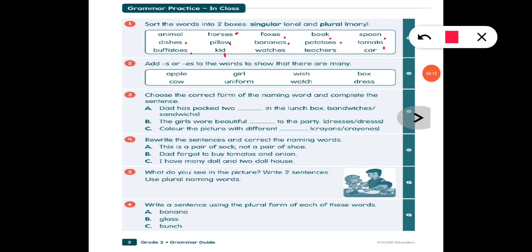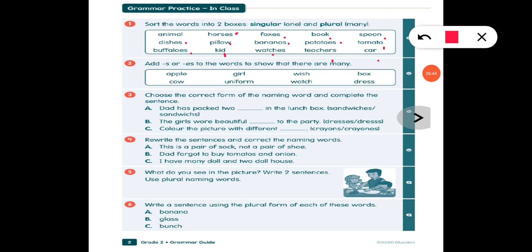Kid, singular. Watches, plural. Teachers, plural. Car, singular. So you have to write these singular and plural words in your notebook. Which words are singular, you write in the singular column, and which are plural, you write in the plural column. I hope question 1 is clear to you.